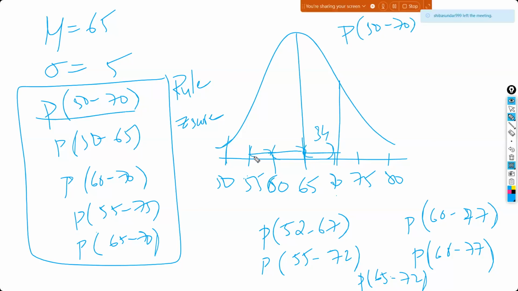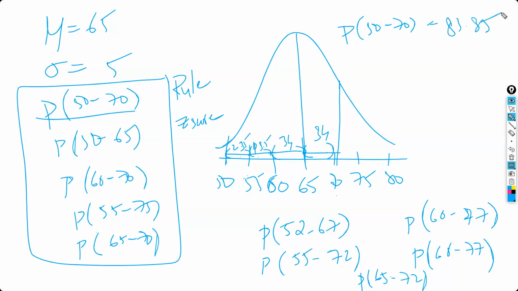This one is 13.5 and this one, from the rule, is 2.35. So 2.35 plus 13.5 plus 34 plus 34 is 81.5 plus 2.35, which is nothing but 83.85. This is the answer. That is 0.8385 I will get.